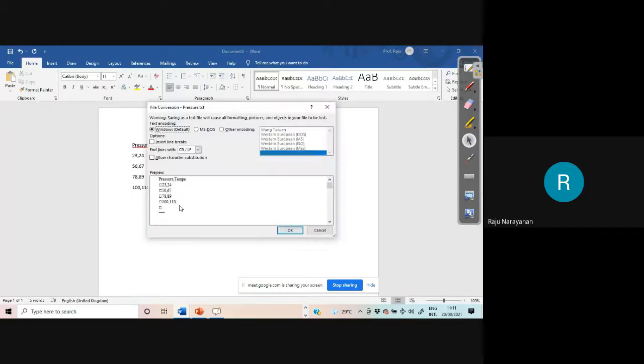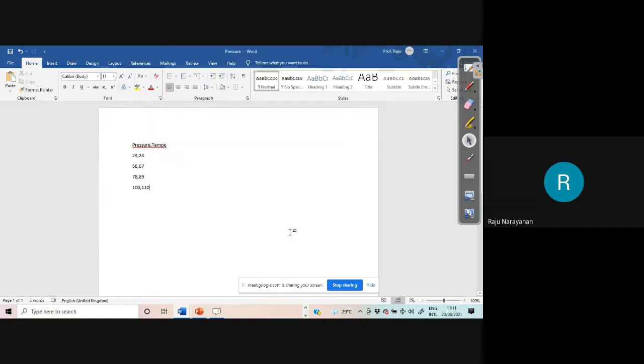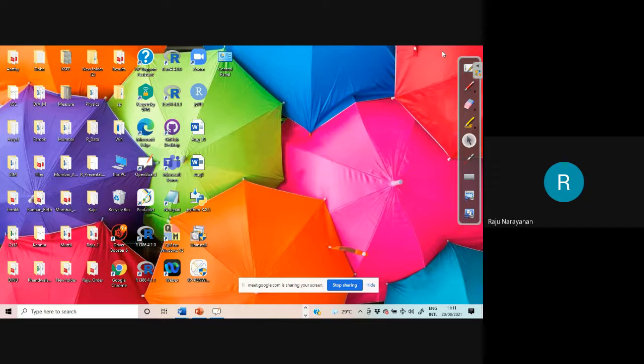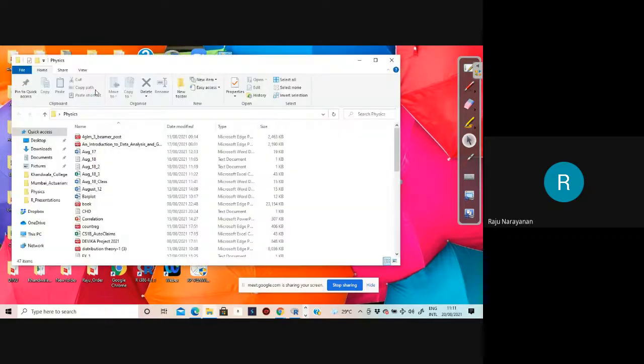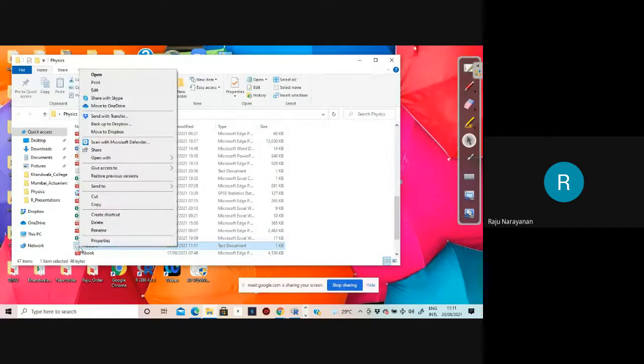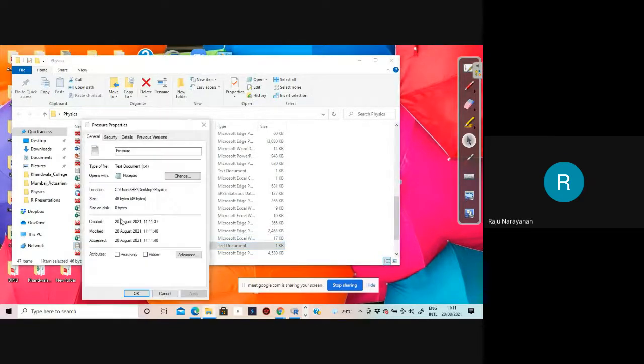Okay. Then you have to go to the address. Physics is the folder, and here you can see pressure. Take the location, just click on properties, and copy. Name of the file: pressure.txt.